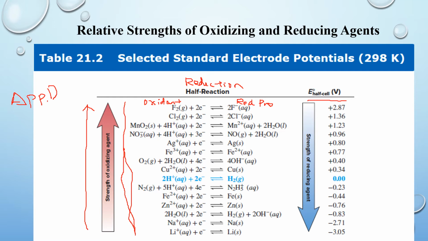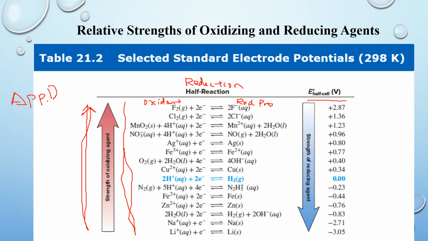Fluorine is very electronegative, so it will attract electrons, so it will be a strong oxidant. Down below we have the metals. Metals are poor oxidants, they're good reductants. So for the species on the left hand side of the reaction, the higher the standard half cell potential, the stronger the oxidant, or the stronger the oxidizing agent.